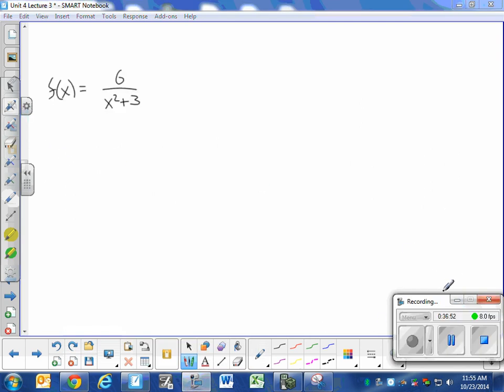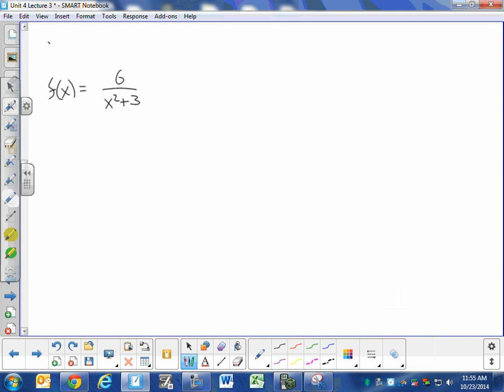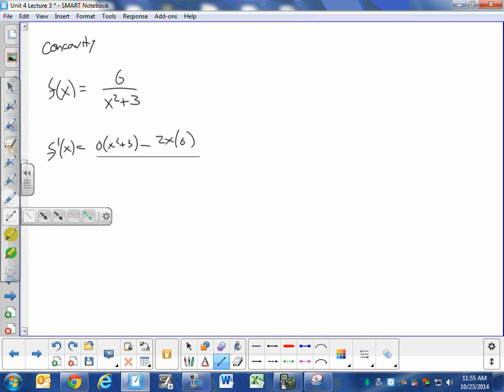All right, let's do a couple more functions and examine the concavity. So all we need to do is take the second derivative, set it equal to 0, or see when it's undefined, then examine the signs of the second derivative, and we will figure out the concavity of this function f. So our first derivative, f prime, is 0 times g minus g prime times f all over g squared.